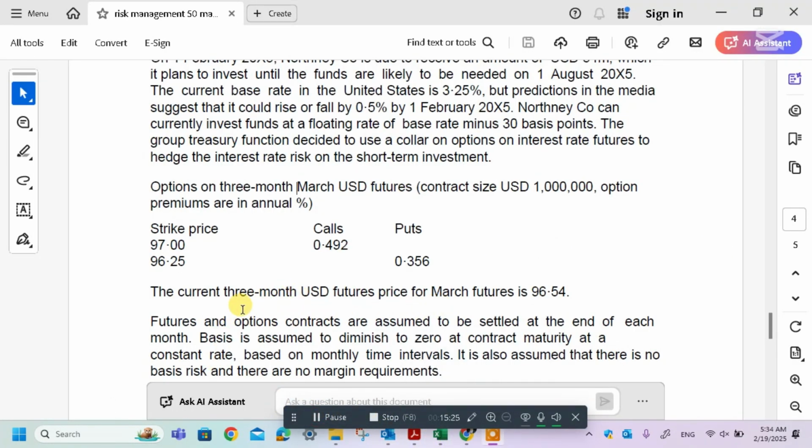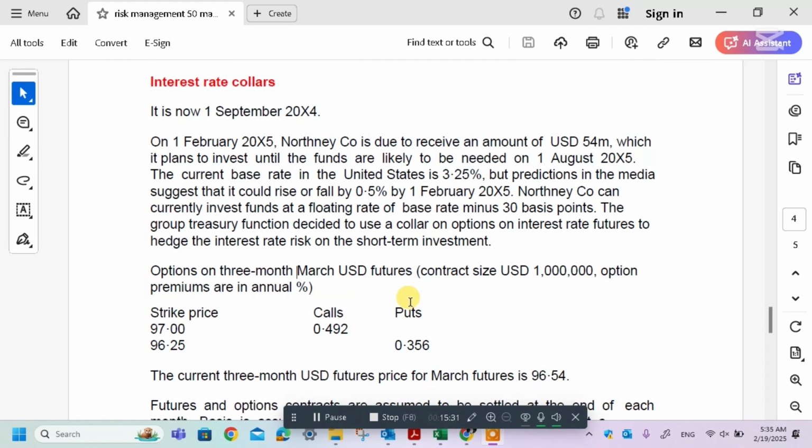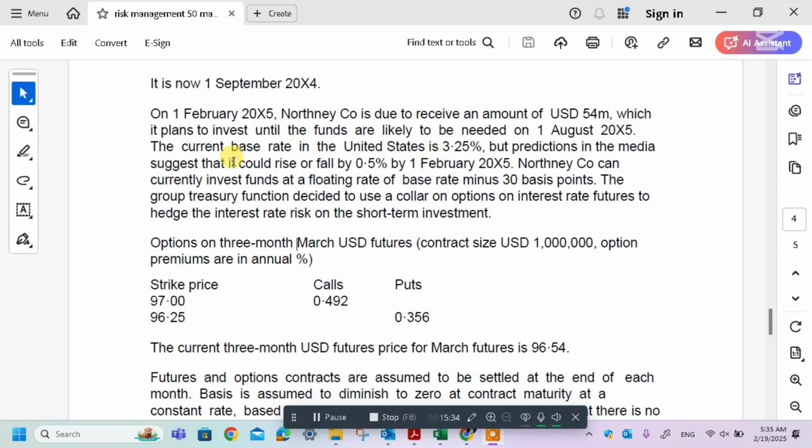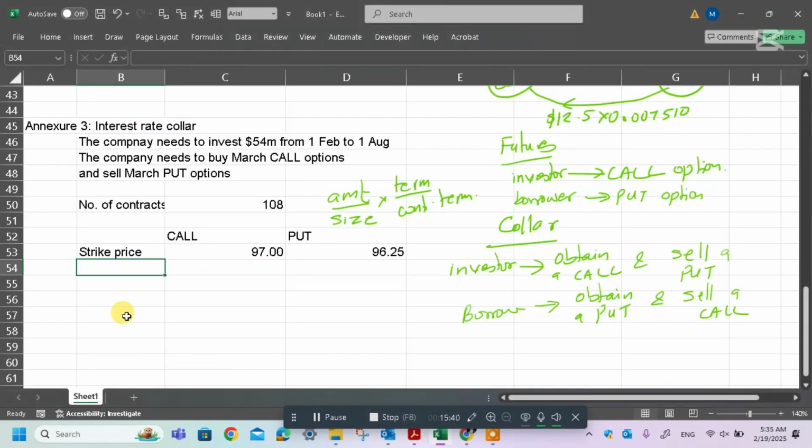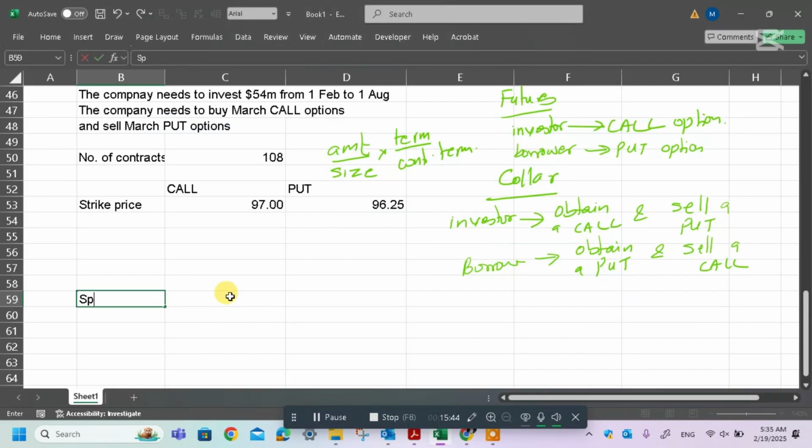So to estimate the price, current futures price is given. Spot rate was given somewhere earlier. Here the current base rate is 3.25. All right, let's find it. So let me do a working here. Spot rate: 3.25 means 100 minus 3.25, 96.75.